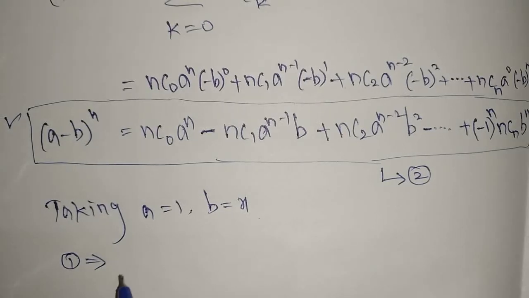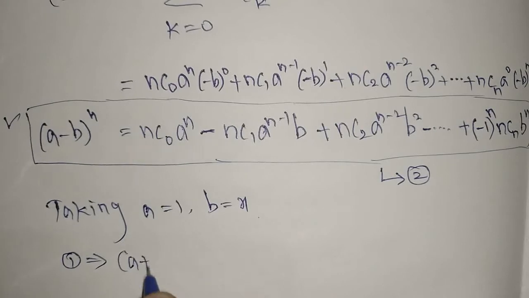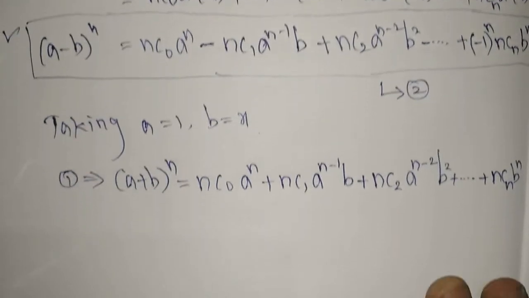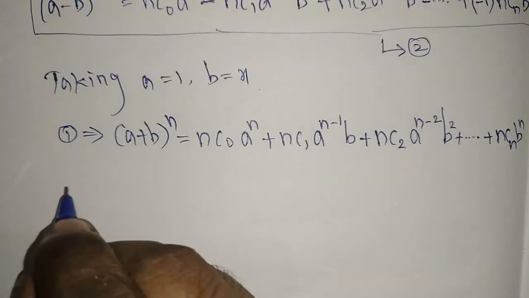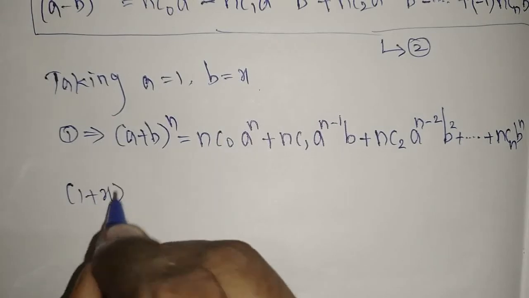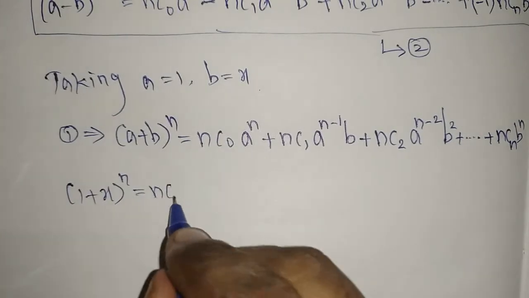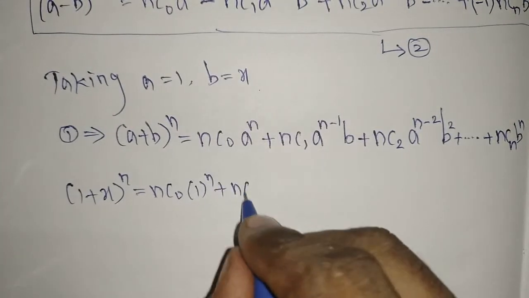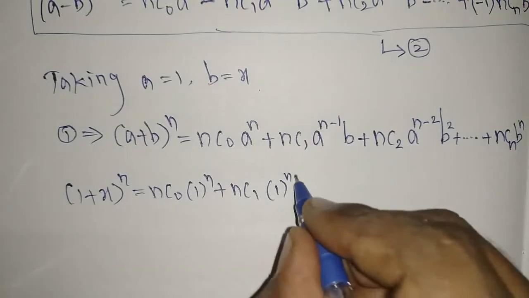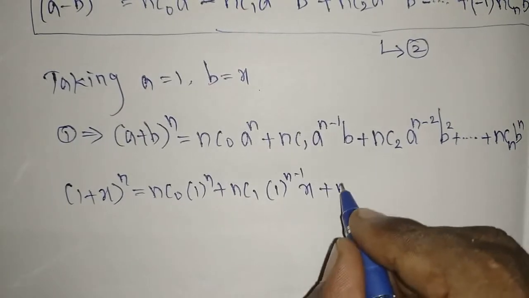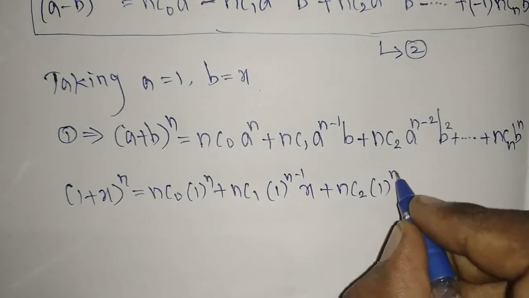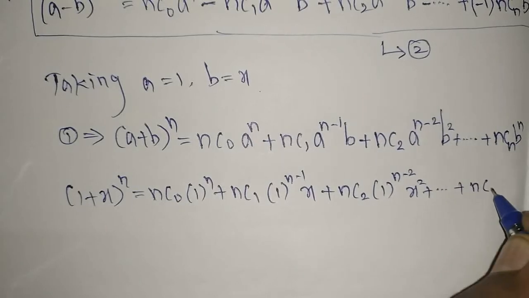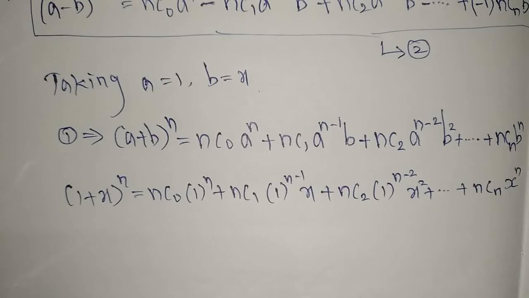Before that, first I will write equation number 1 again here: (a + b) whole power n equals, now we have the formula here, let's substitute a equal to 1 and b equal to x. So (1 + x) whole power n equals nC0, a value is 1, so 1^n, plus nC1 1^(n-1) x, plus nC2 1^(n-2) x^2 and up to nCn x^n, like that you will get.